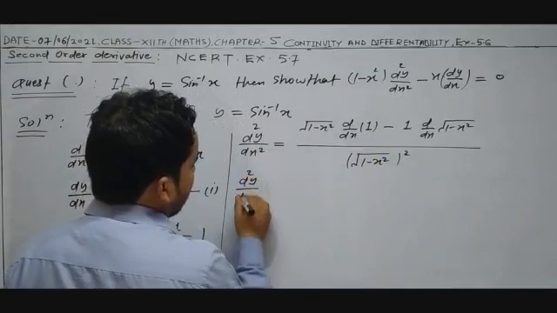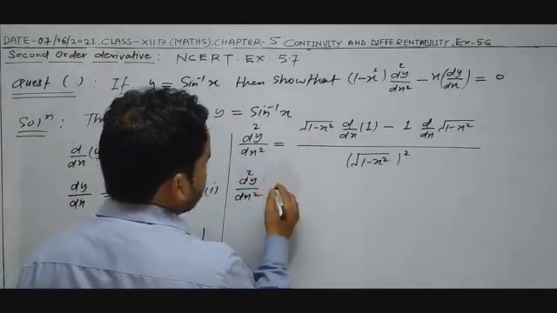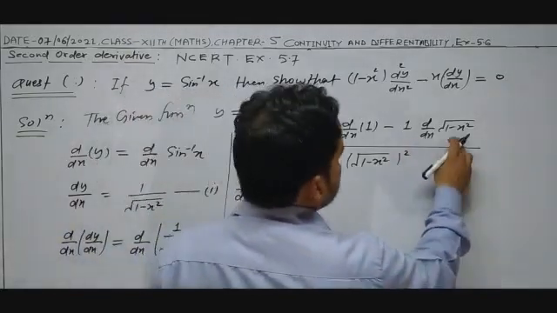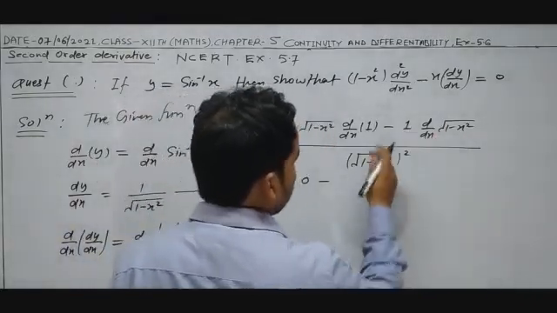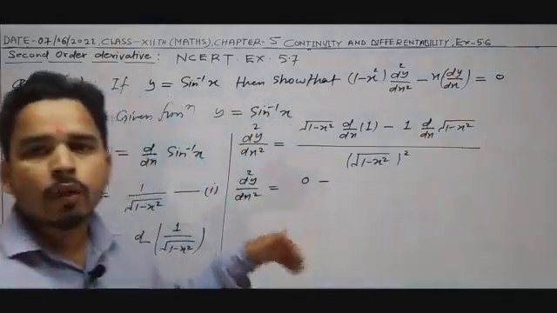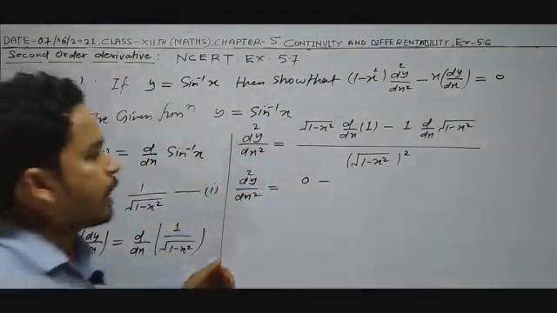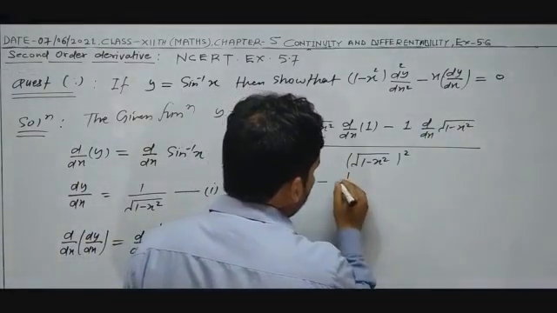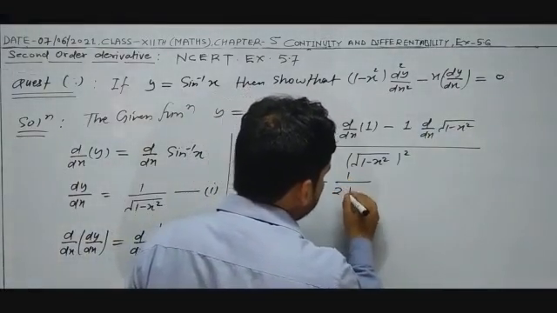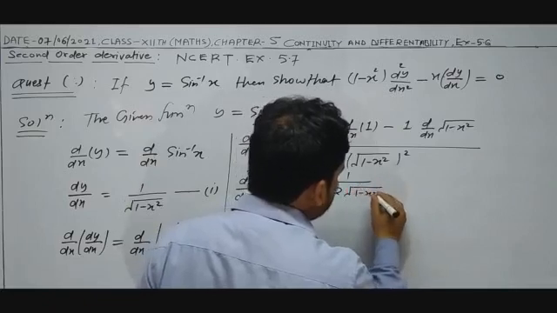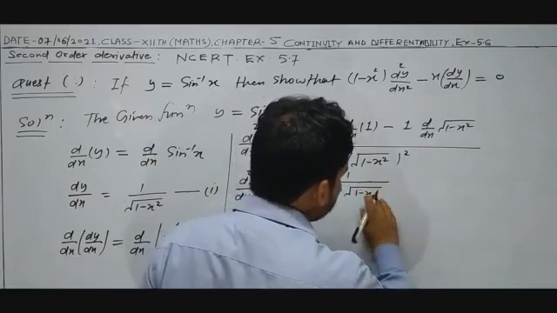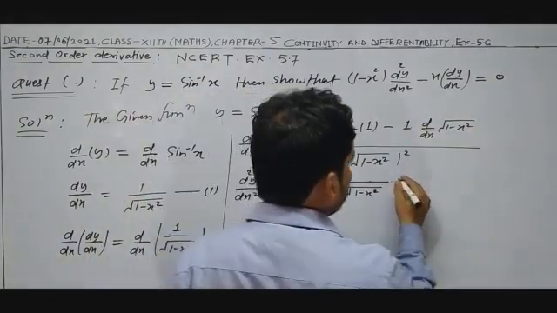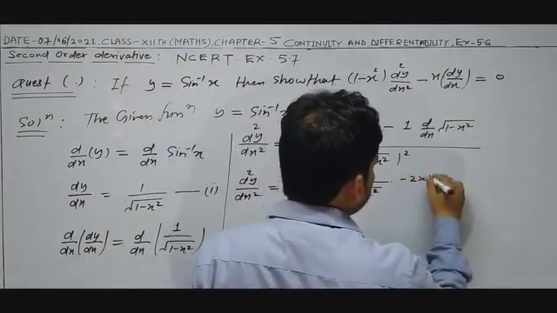So d2y by dx2 is equal to 0 minus its derivative. What will be its derivative? You know, d by dx of root x is 1 upon 2 root x. So this will be equal to 1 upon 2 times root over 1 minus x square into the differentiation of 1 minus x square, whose result will be minus 2x.